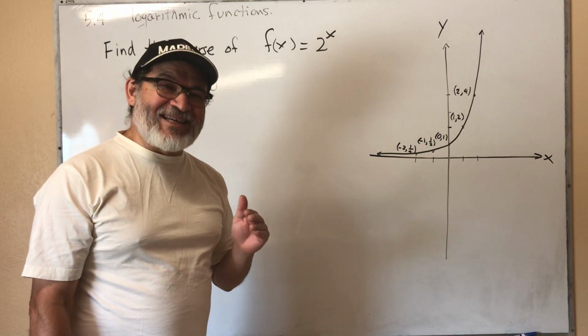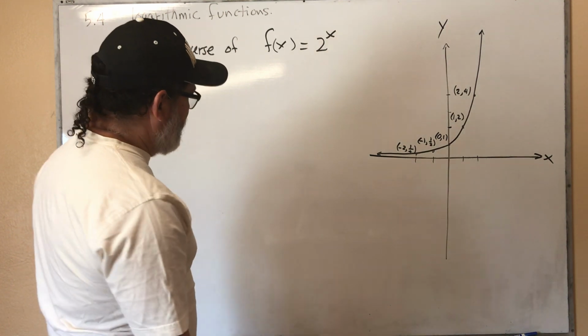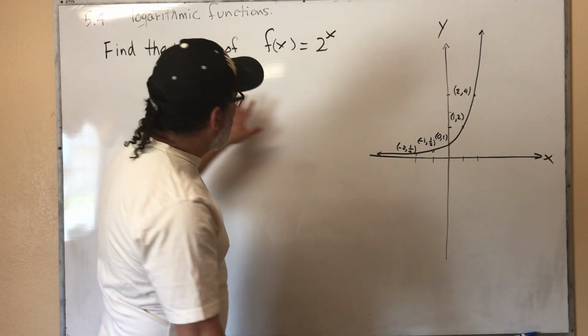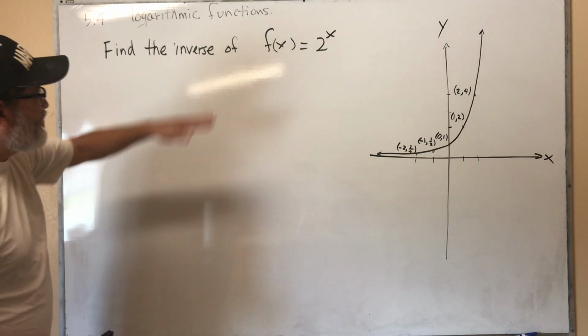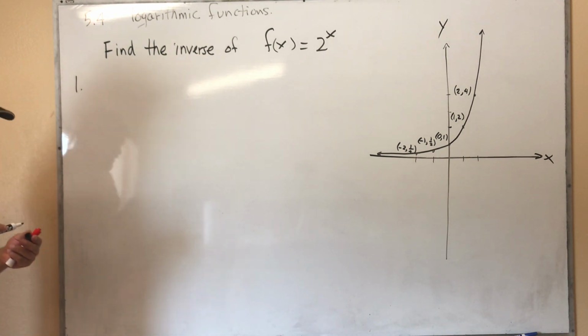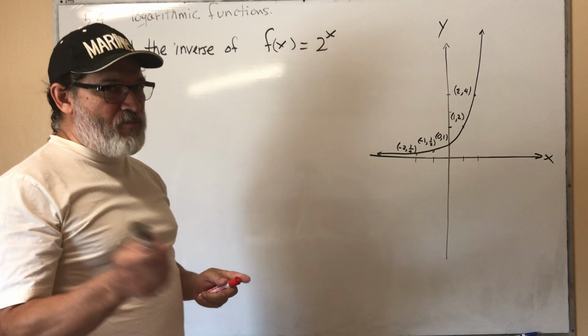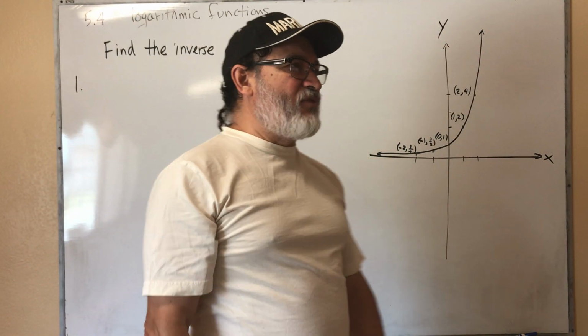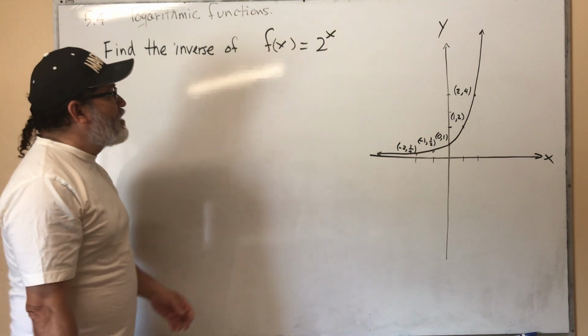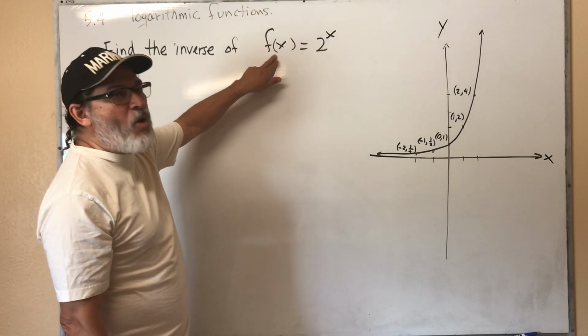You can find its inverse. Remember how to find its inverse? Let's find the inverse of this. What's step number 1? If you go back to the last video, we said step number 1, call this y.